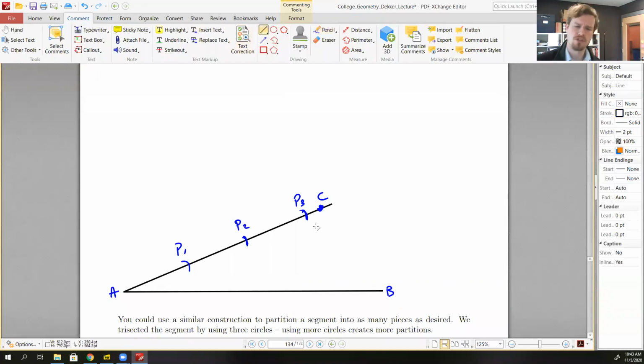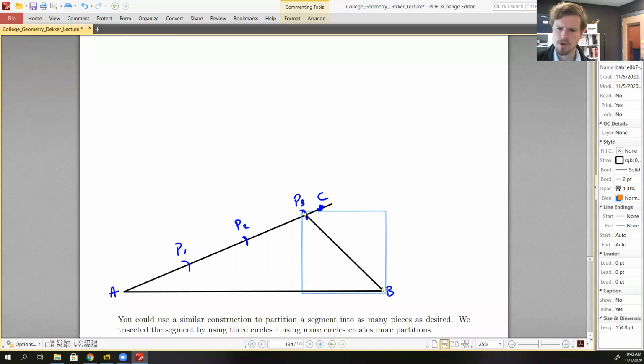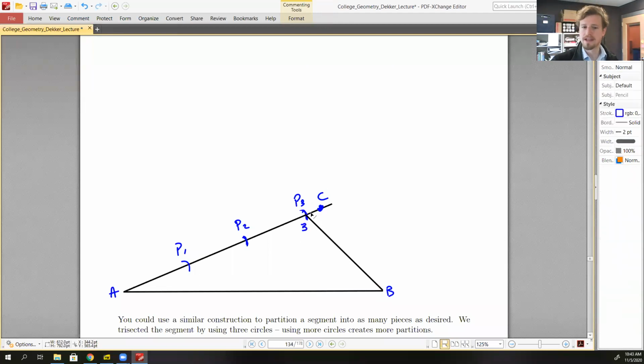So what we do is we construct the line from B to the 3rd point there. Once we construct this line, we call this angle angle 3, and we copy that. So angle 3 is at point 3, and we copy that angle over here. When we copy that angle, what we're doing is creating a parallel line.